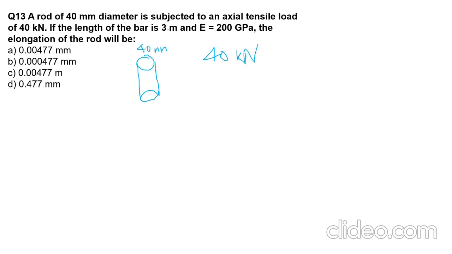If the length of the bar is 3 meters, so this is 3 meters. And your E is 200 GPa. So your E is also given. Your load is given, which is your axial load. So your E is also given, which is 200.